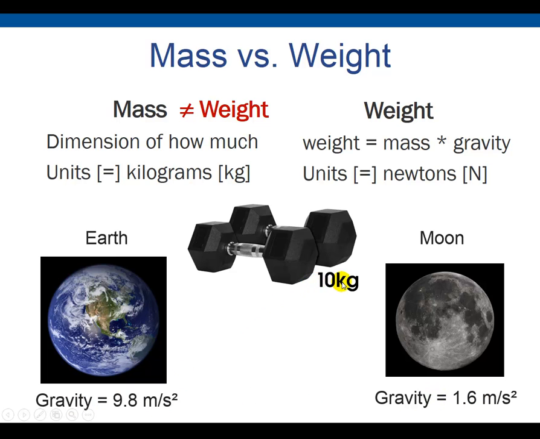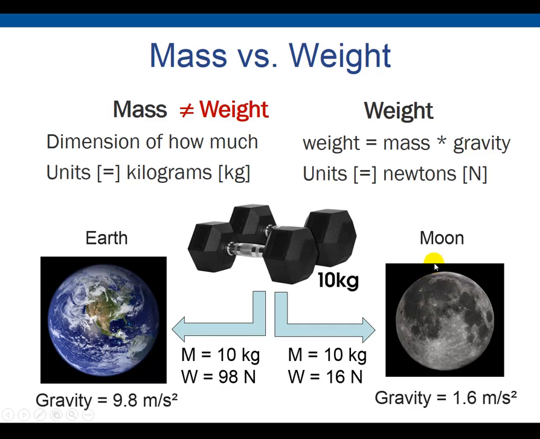So this 10 kilogram dumbbell weighs 98 Newtons on the Earth, because 10 times 9.8 meters per second squared. So mass is 10 kilograms. On the Moon, the mass is the same, 10 kilograms, but the weight is 16, because the gravity on the Moon is almost 1/6 of the Earth's.